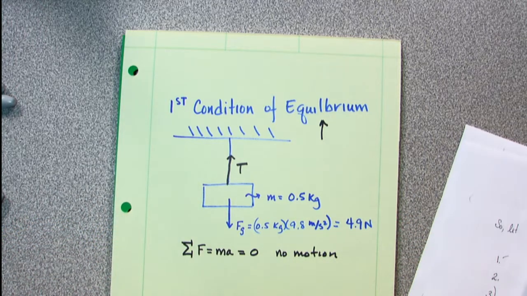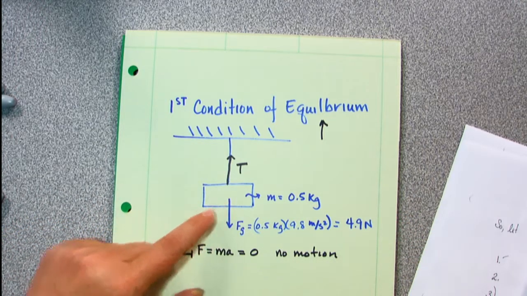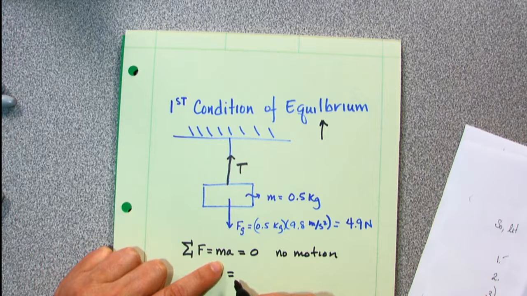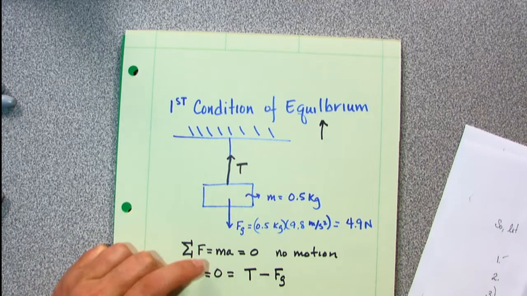Now that's really cool, because that says that for this system here, I have no motion, so that's going to equal 0, but I have tension in the cable that's going up, and I have my force due to gravity that's going down.